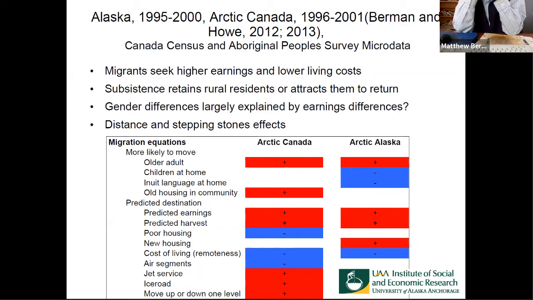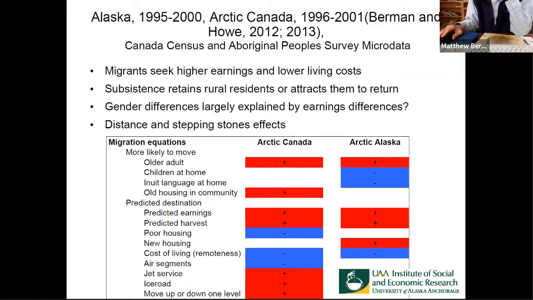Here we can see that there are many similarities. Surprisingly, older people are more likely to move than younger people, which is contrary to what we would think. But it's often older people moving for health reasons, better health care, and also to be near children who had moved. And even though the children were moving at slower rates, over time they would accumulate more younger people in the urban areas.